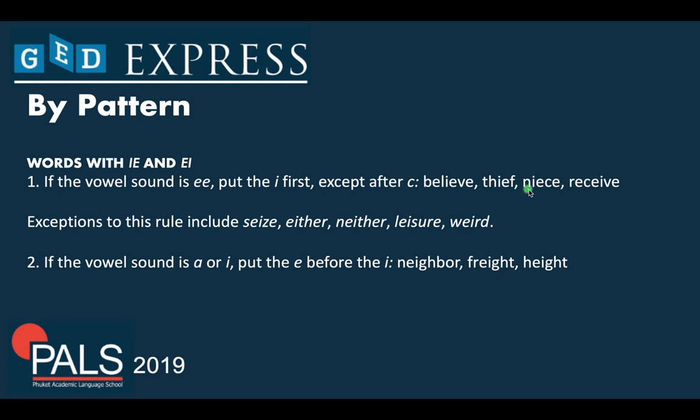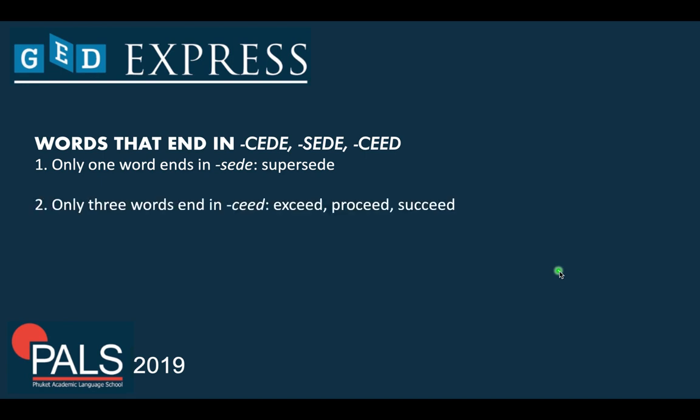Second rule: if the vowel sound is A or I, put the E before the I, such as in neighbor, fright, and height. Words that end in CEDE, SEDE, and CEED: only one word ends in SEDE, which is supersede, and that's going to be easy to remember since there's just one. Only 3 words end in CEED, which are exceed, proceed, and succeed.